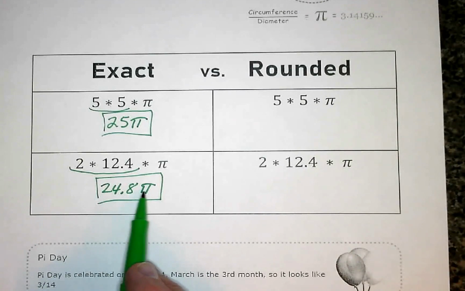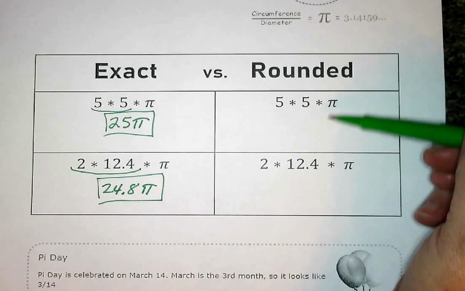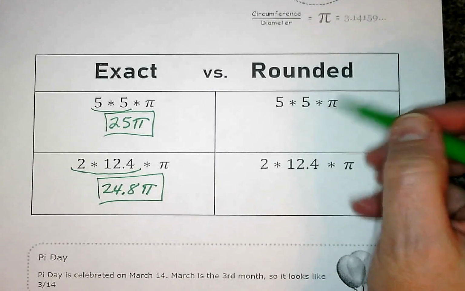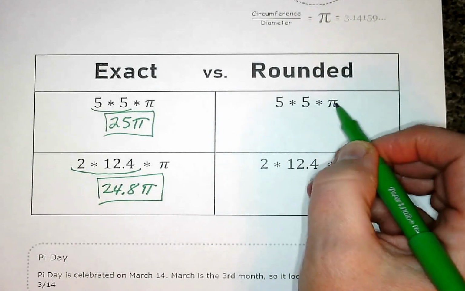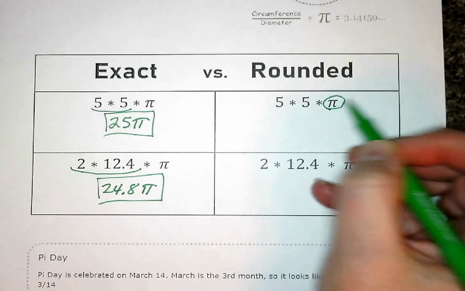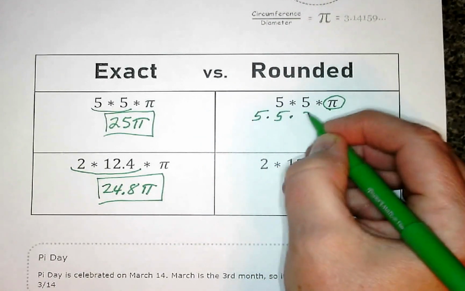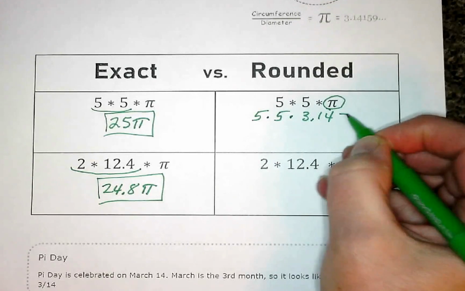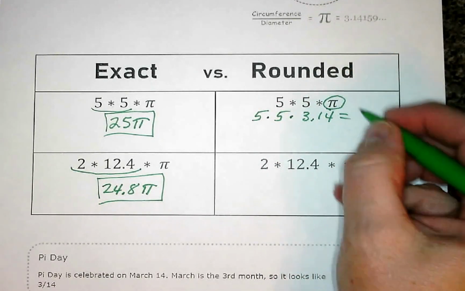Now, if I want a rounded answer, which most of our work will be, I have two options. I'm going to take the approximation, so I can go 5 times 5 times 3.14. I can just type that in like that, and when I do, I'm going to get 78.5.